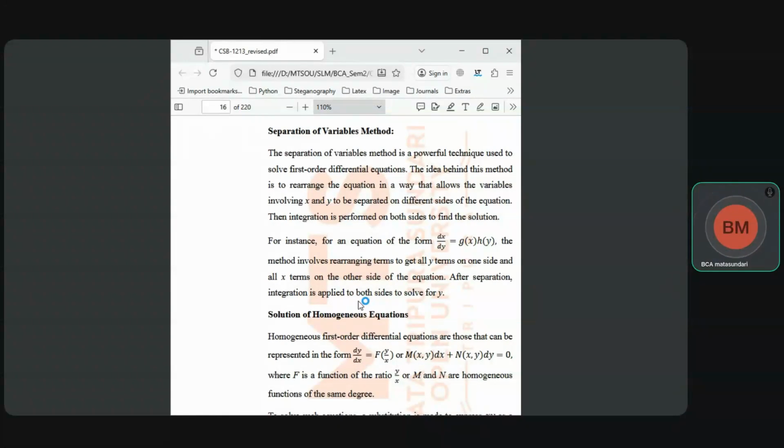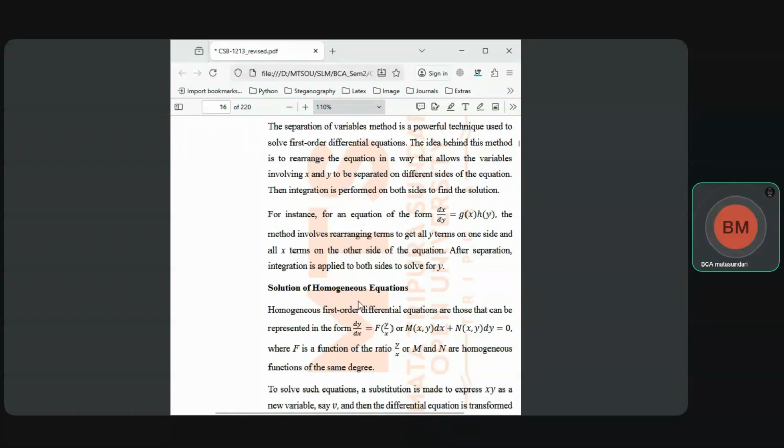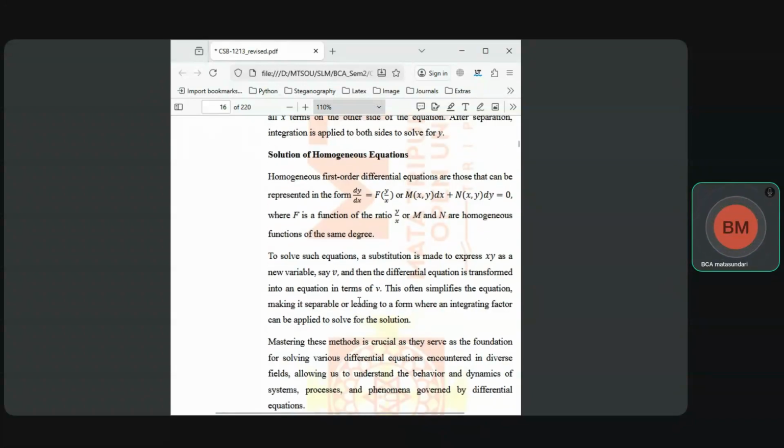Separation of variable method: this is a powerful technique used to solve first order differential equations. After separation, integration is applied to both sides to solve for y. Next is the solution of the homogeneous equation.